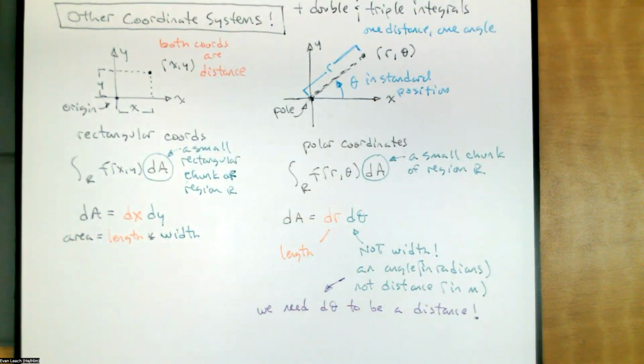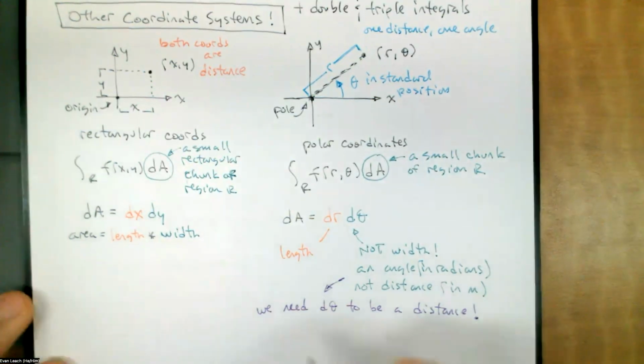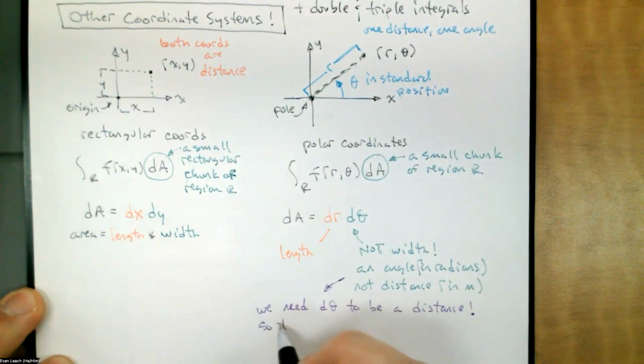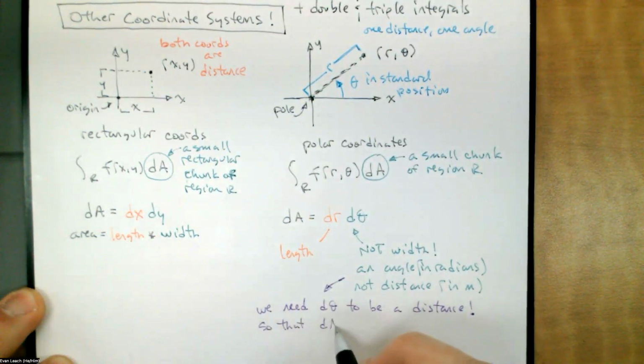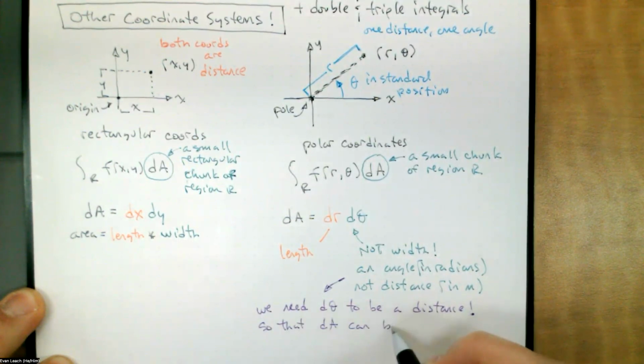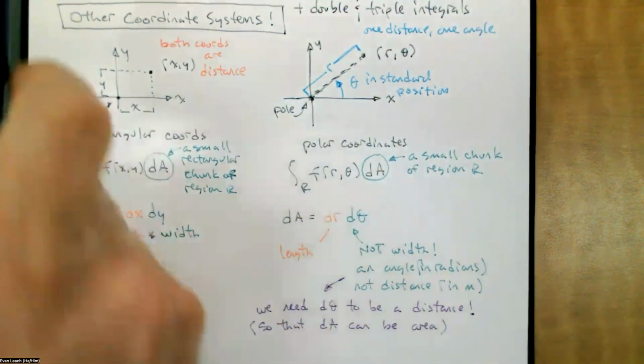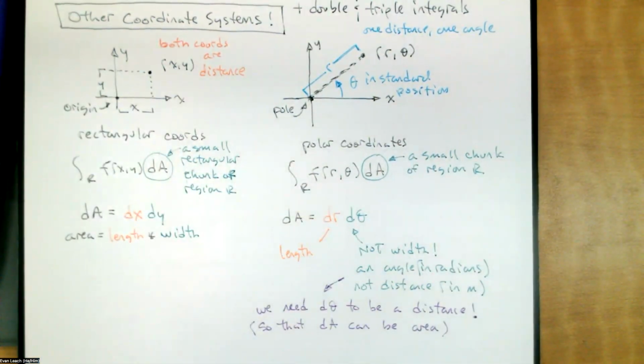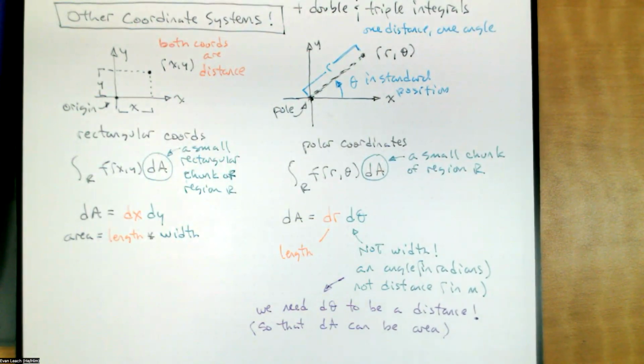We need d theta to be a distance so that dA can be an area. So here's how we're going to do that.